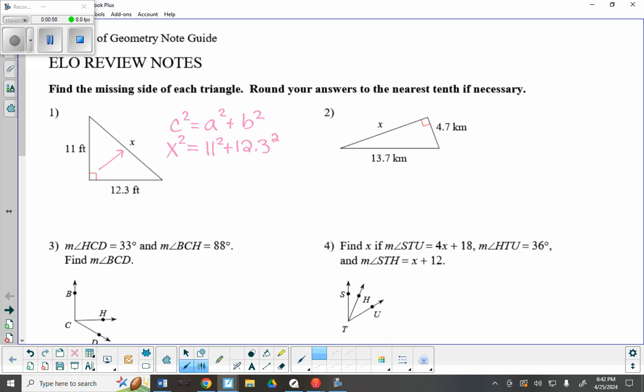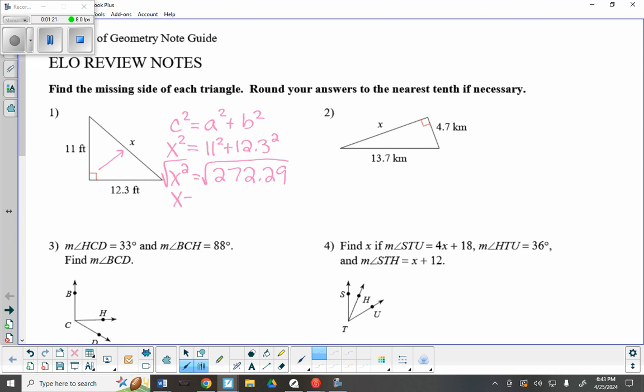So on the right side, we can square both of those numbers. In my calculator, I will type in 11 to the second plus 12.3 to the second, and that gives me 272.29. And then to solve it, we will take the square root of both sides.